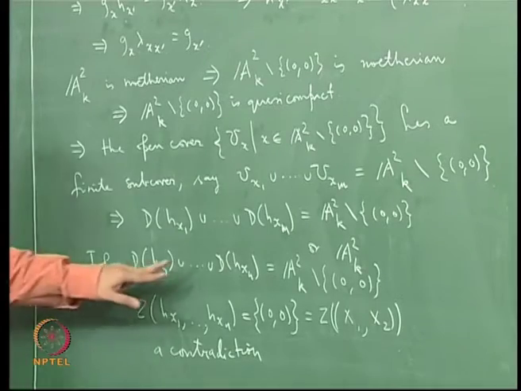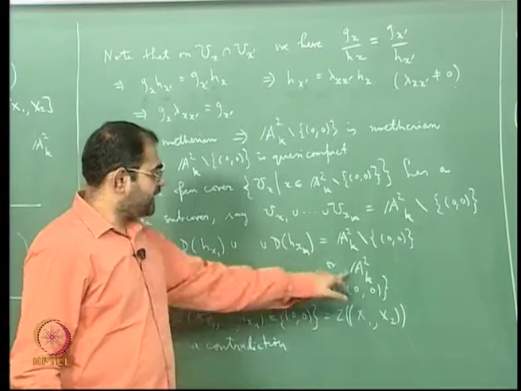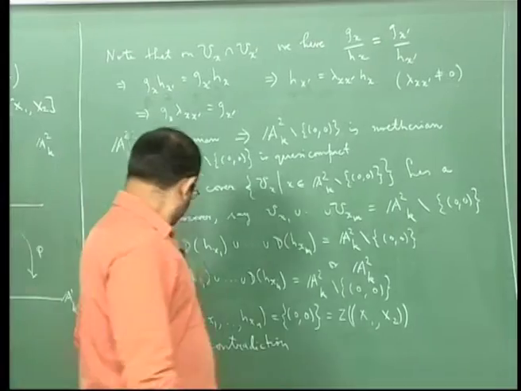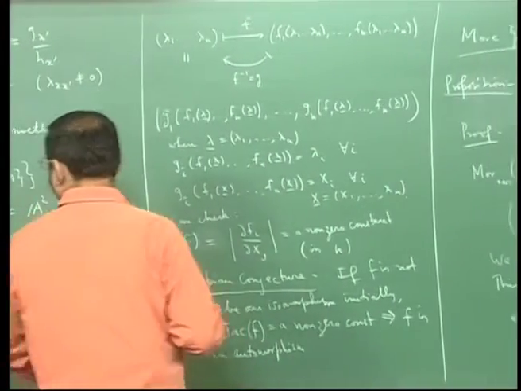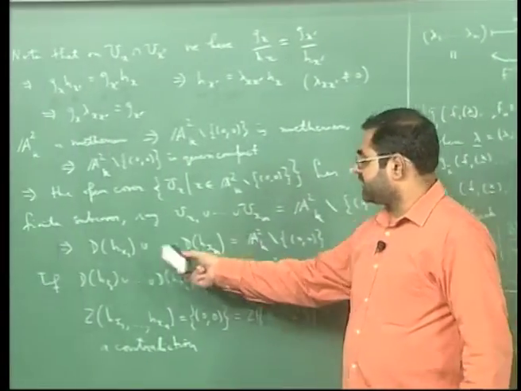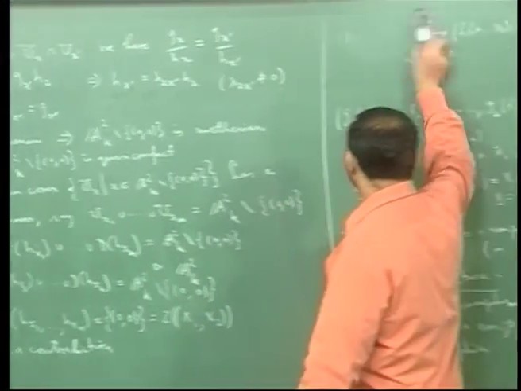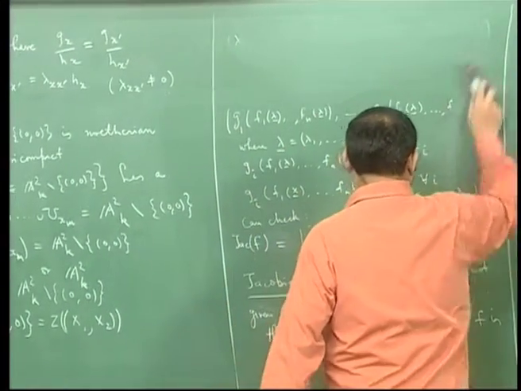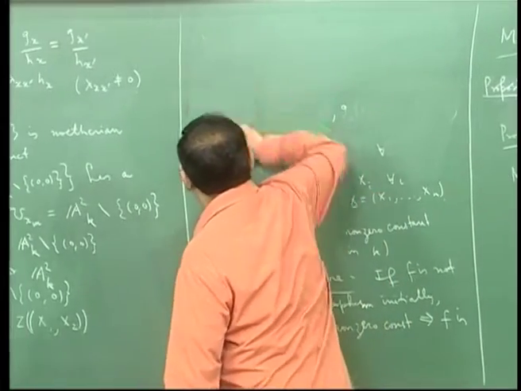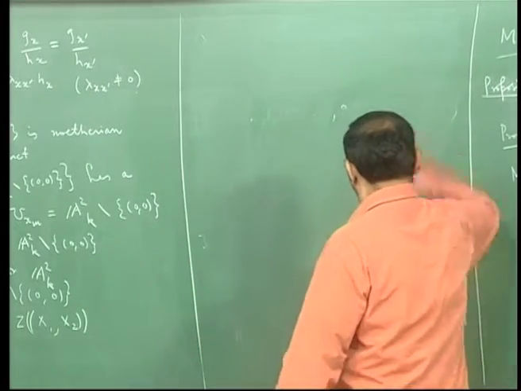On the other hand, the other possibility is that the union of all these is A2. This is something that we have already seen. It means that all the h's will generate the unit ideal.